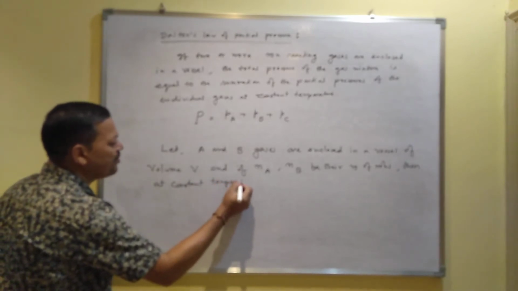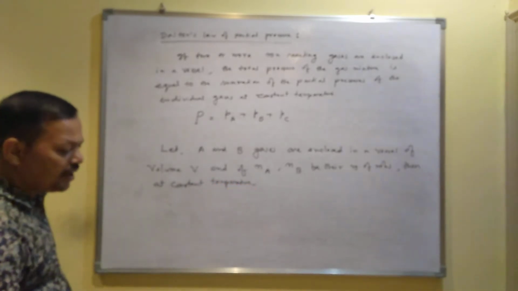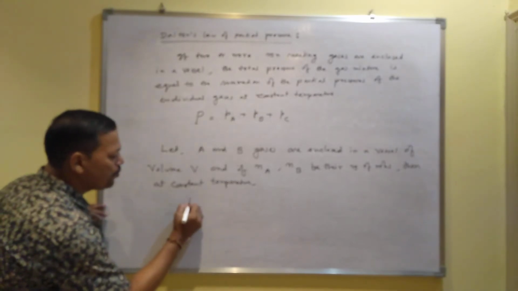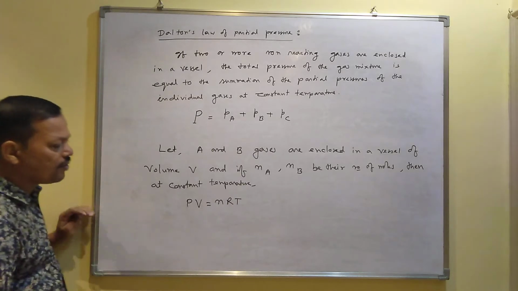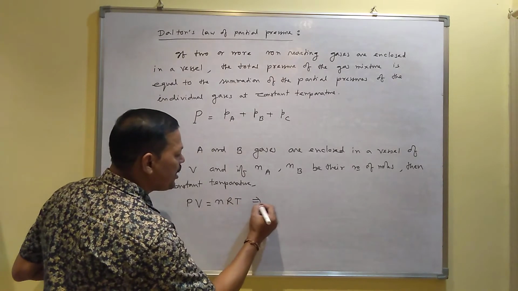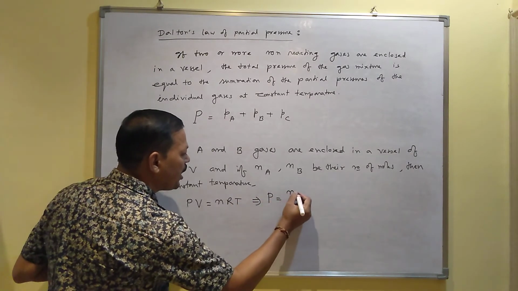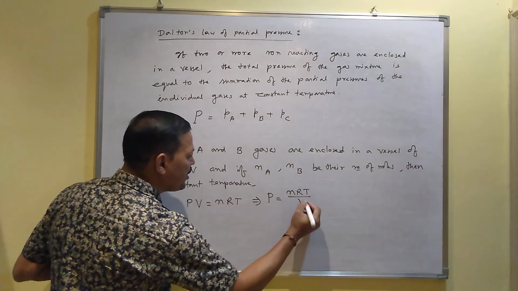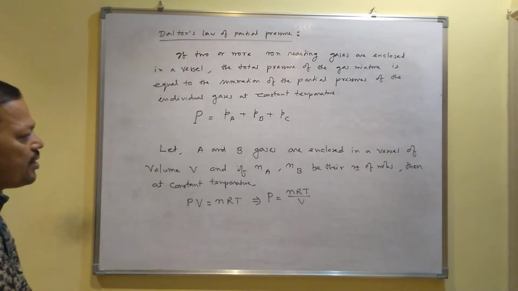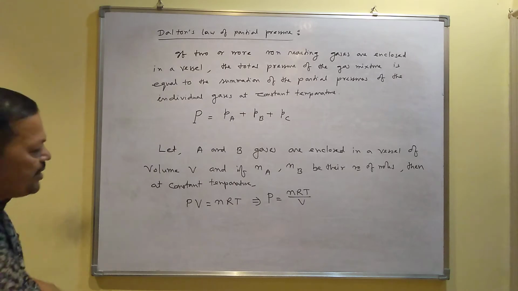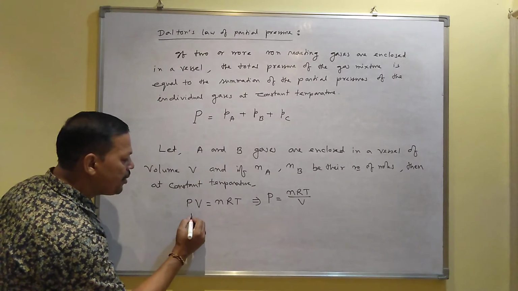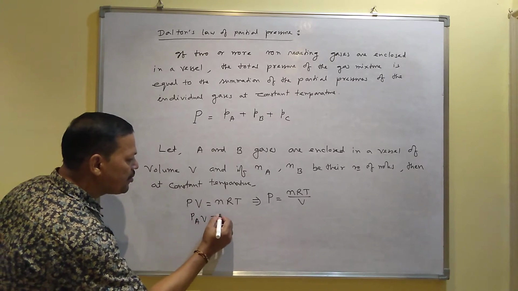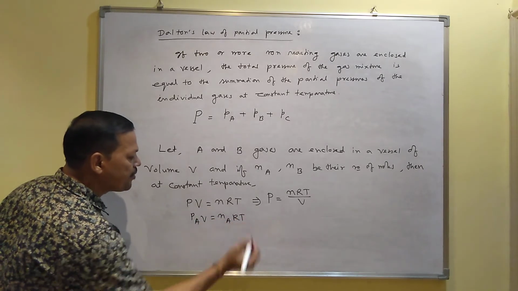you can write, you know PV is equal to nRT, or P is equal to nRT divided by V. This is the ideal gas equation. If the gases are ideal, and if you want to write the equation for gas A, then you have to write PAV is equal to nART.